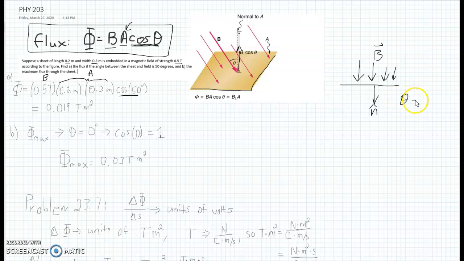So the maximum occurs at the 0 angle situation, as the cosine of 0 goes to 1. In that case, I just plug my area multiplied by the field into my calculator, and I get a maximum flux of 0.03. Okay, so there's the maximum flux.